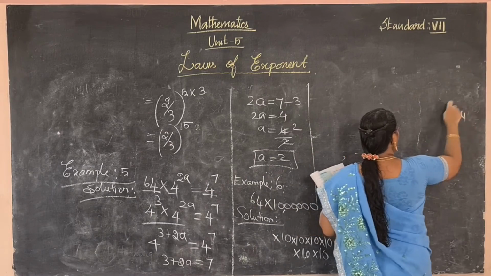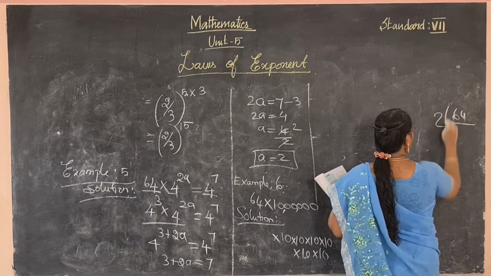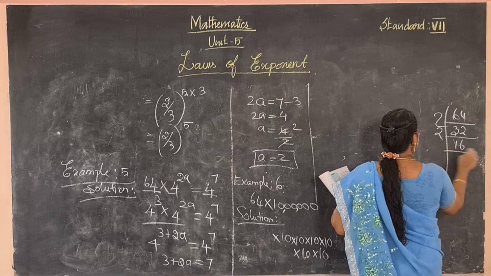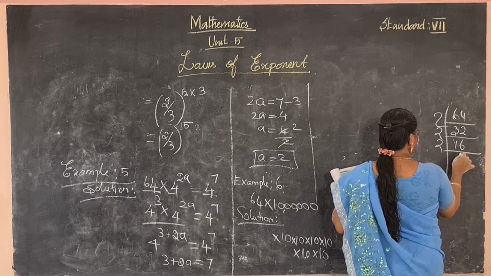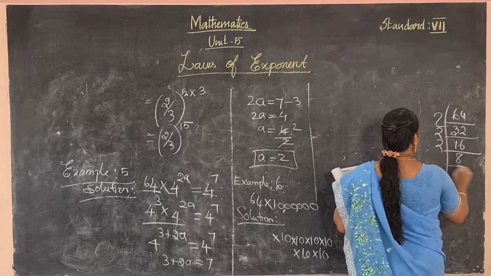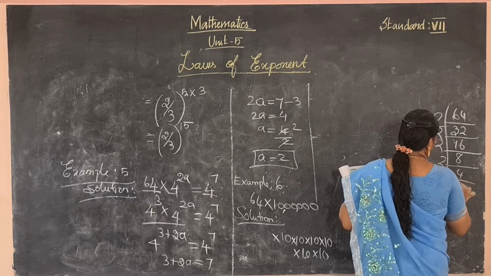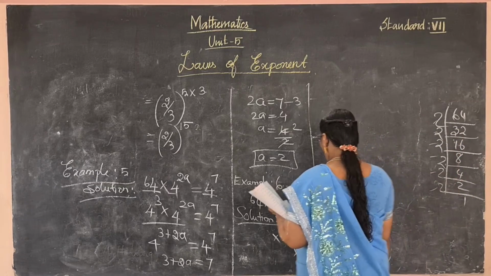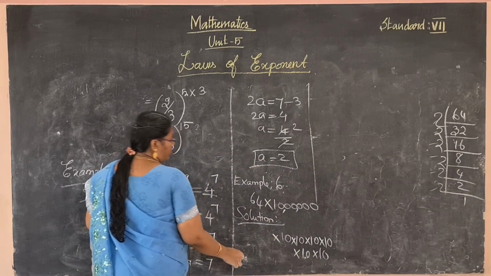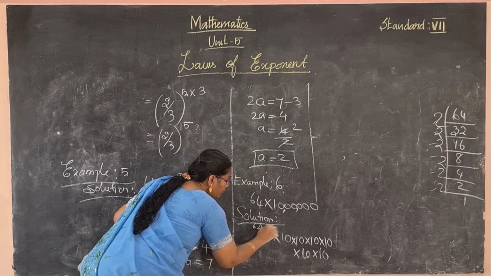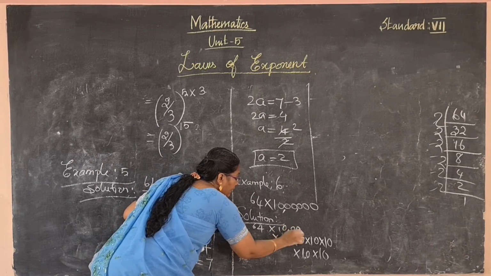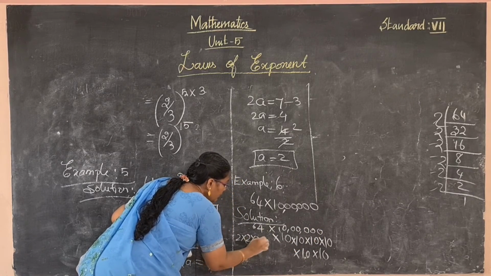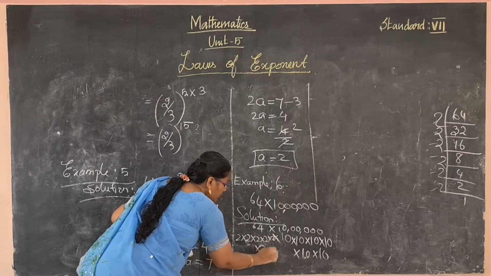So 64 is 2 into 2 into 2 into 2 into 2 into 2.